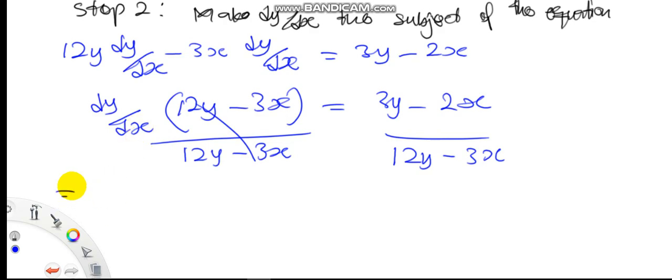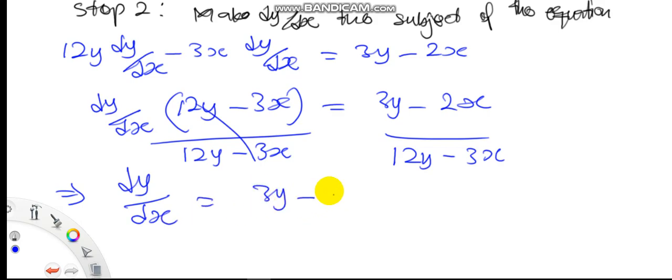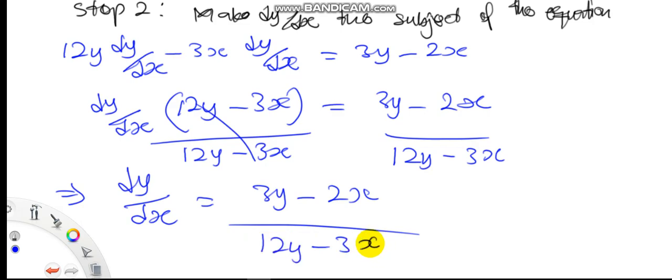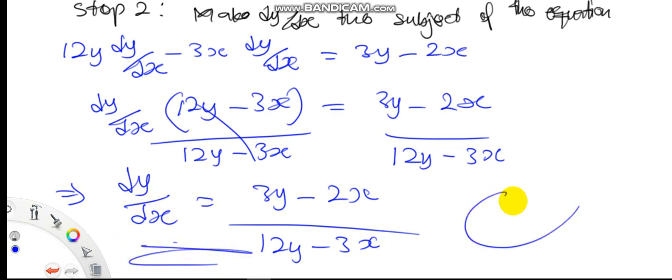This implies that dy dx is equal to 3y minus 2x over 12y minus 3x. So this is our derivative by differentiating this function implicitly.